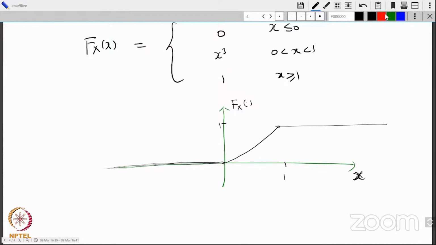So what properties can we notice about the distribution function? Can someone on chat tell me any property they notice of the distribution function? Anybody can say on chat? What do you notice about the function?